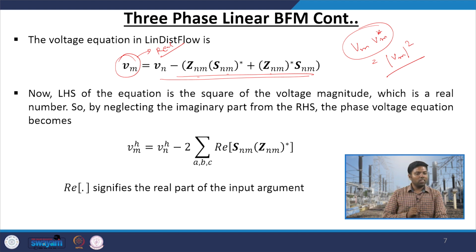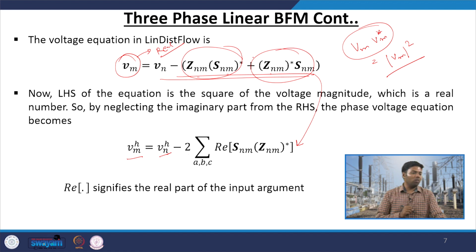Only the real part is present. So, this equation you can revise and write like V_m squared for a per phase basis equals V_n squared minus the real part of this, and the real part of this is equal. Only the imaginary part has opposite plus and minus signs, but the real part is the same. So, you can write that it is 2 times the real part of either of the terms. Okay? Understood how we wrote it?